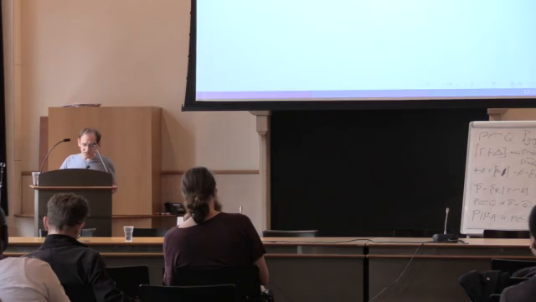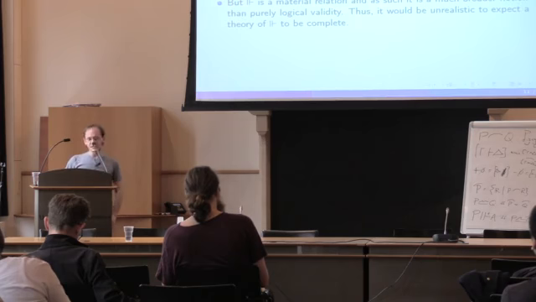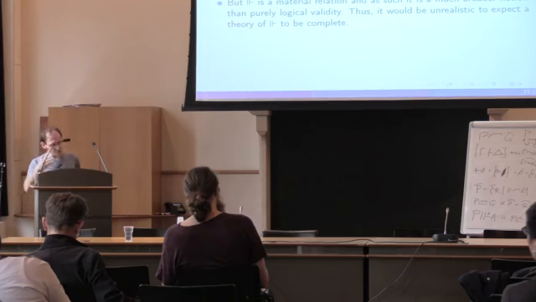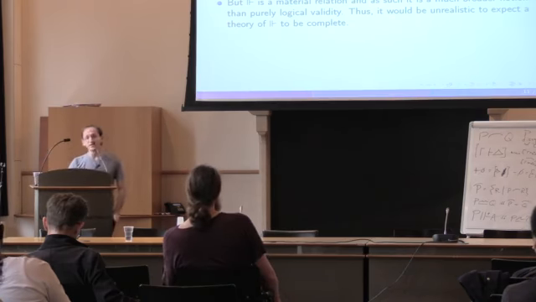axiomatizability. As I said, the set of classical first-order logical validities is axiomatizable, whereas its set of invalidities is not. Now, of course, this is just a consequence of focusing on classical first-order logical validities. But, as I pointed out before, the notion of validity that we are discussing now is a material relation, and so it is much, much broader than logical validity.